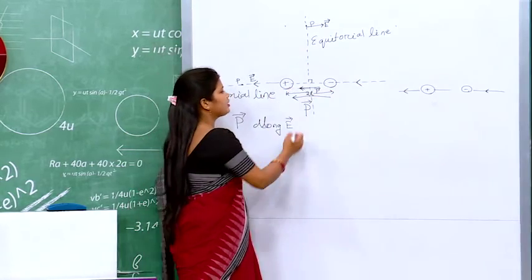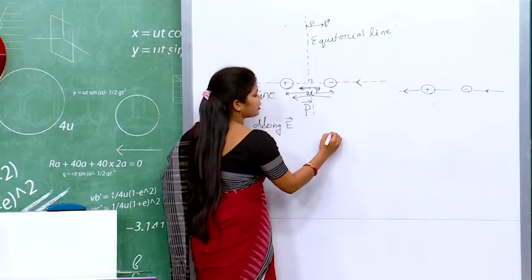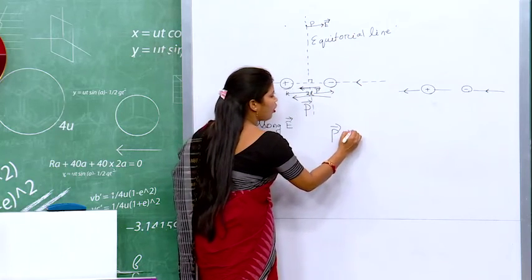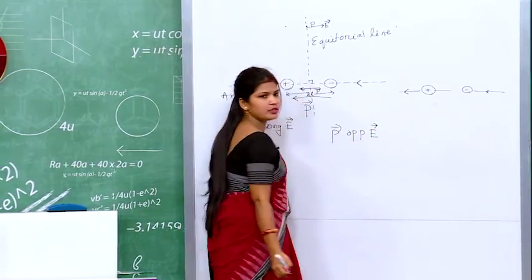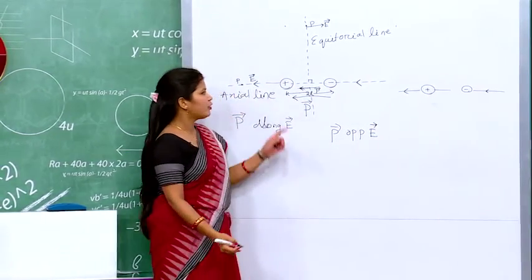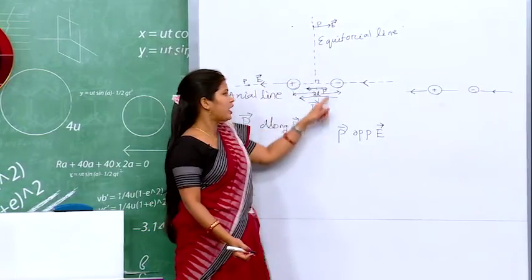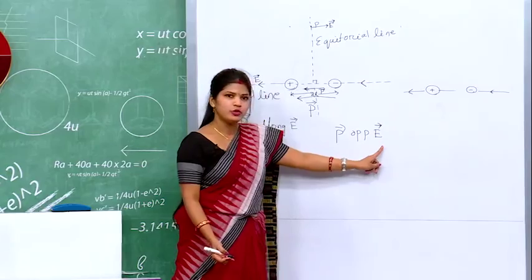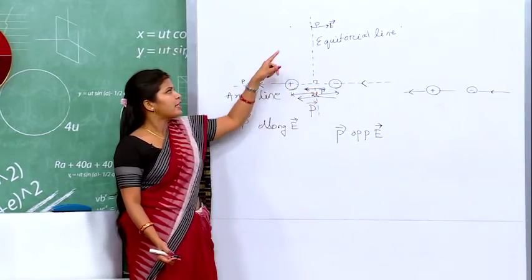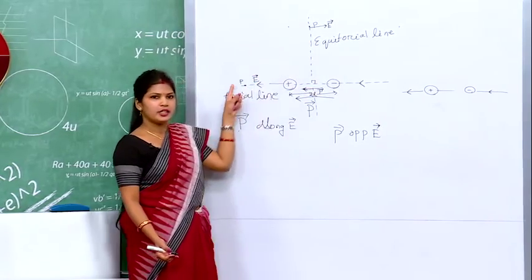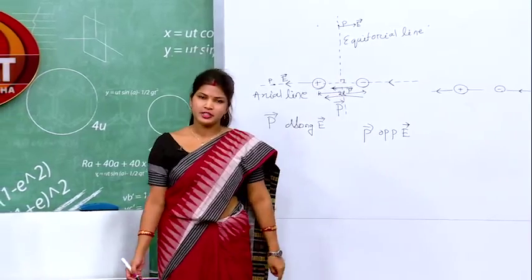So, you can see that on the equatorial line, the direction of P is opposite to the direction of the electric field. On the axial line it is along E, and on the equatorial line it is opposite to E. Then we will discuss how to find the electric field intensity at any point in the next lecture.